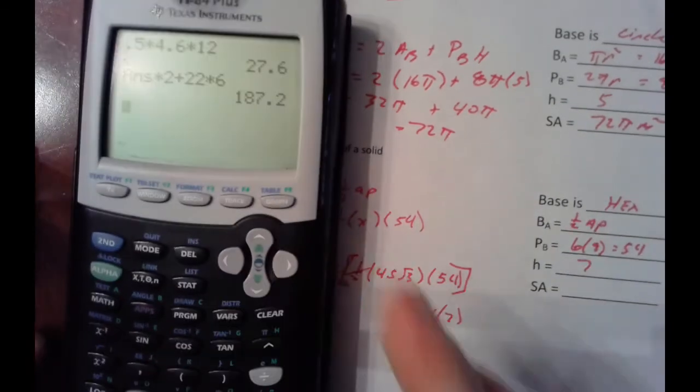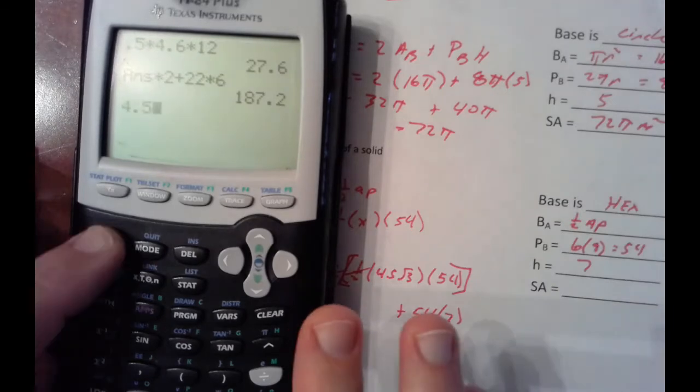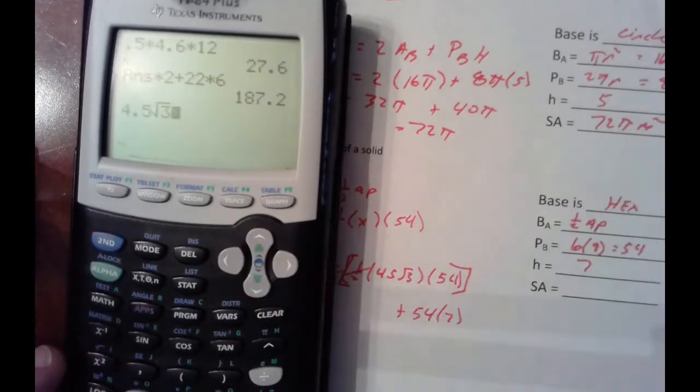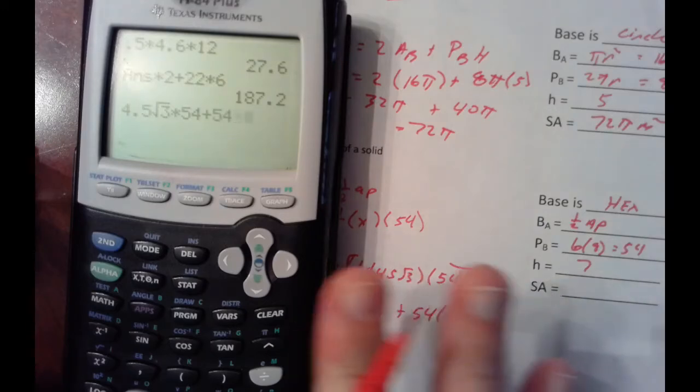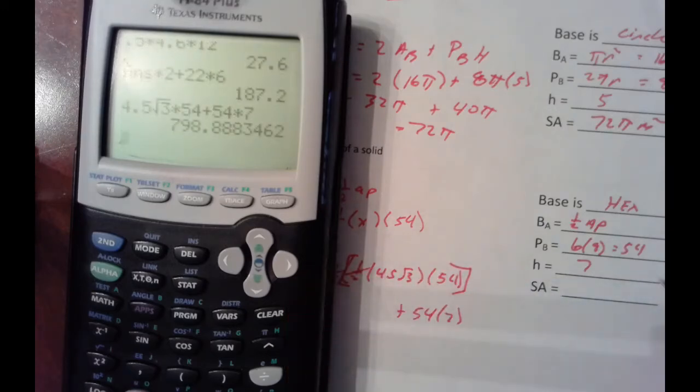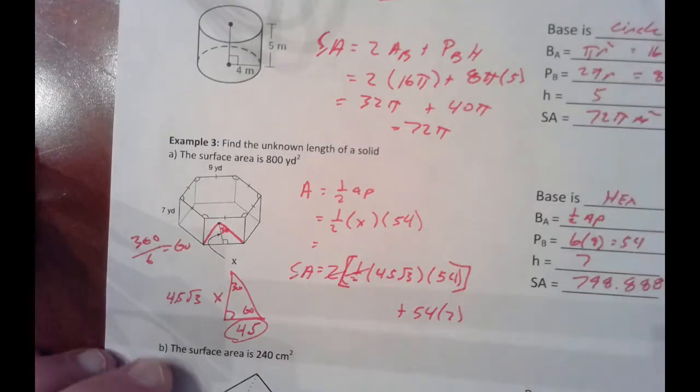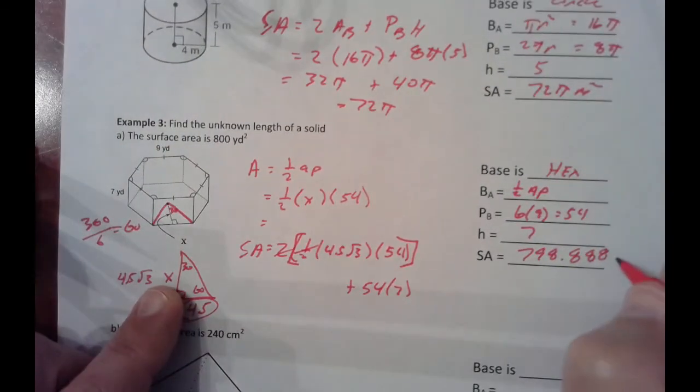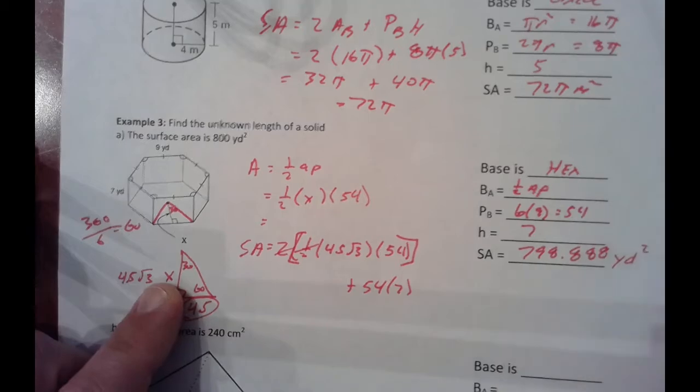So I'm going to have 4.5 square root of 3 times 54 plus 54 times 7, 700. And this is where if you make a typo, it's hard to see it because we don't really have a number sense to get us an idea on how big this is going to be.